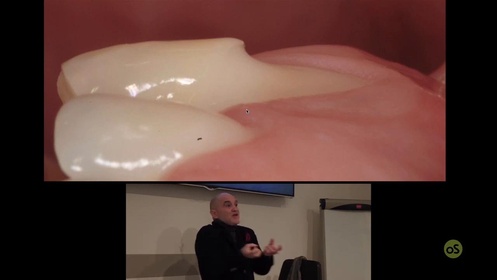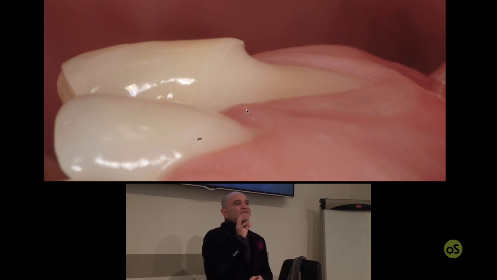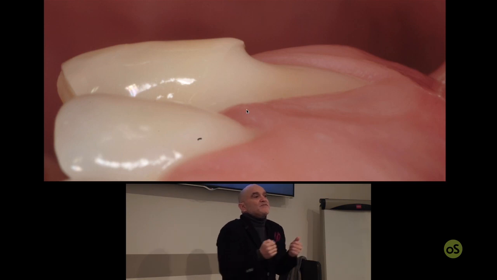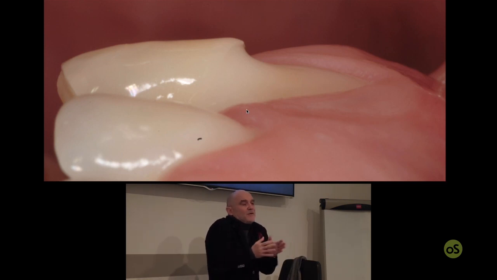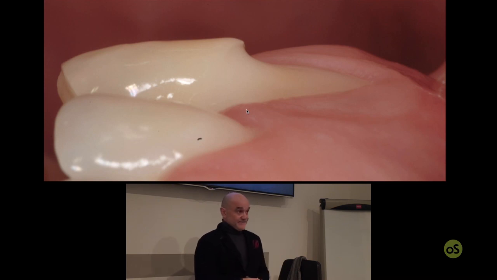But if the flap shrinks a bit, it collapses. And so there is no way to give stability to a flap that is placed too much coronal, because if you place the flap more coronal than where the flap can really stay, it will shrink a bit and then collapse.